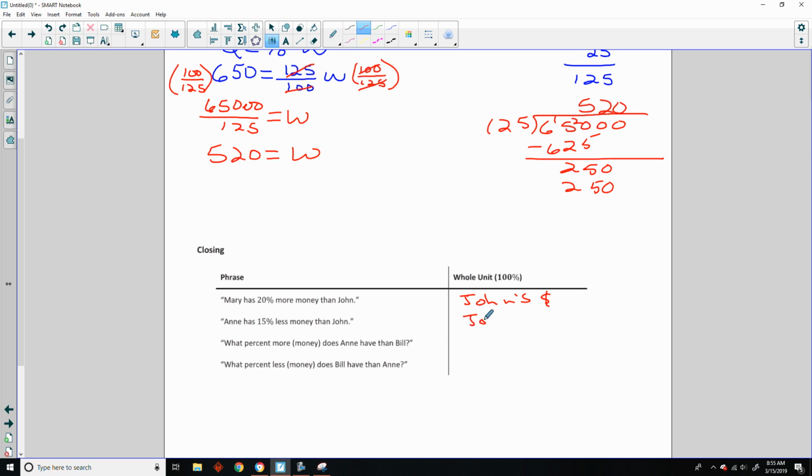The whole, again, is John's money. What percent more money does Anne have than Bill? Than Bill. We're talking about Bill's money. And what percent less money does Bill have than Anne? We're talking about Anne's money.